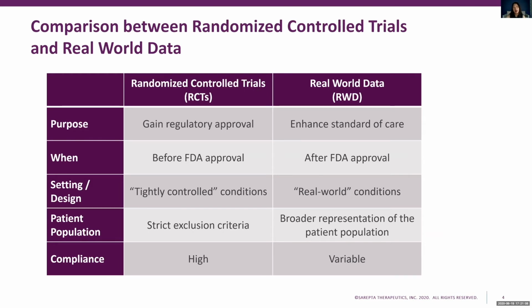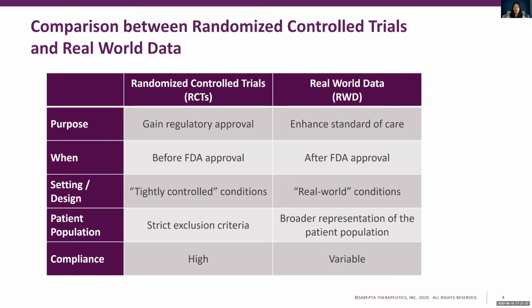Real-world data picks up where clinical trial data ends. Real-world data collection begins after the FDA approves a particular therapy, and this is to continue to monitor the impact the therapy has as it is being administered to a wider patient population.